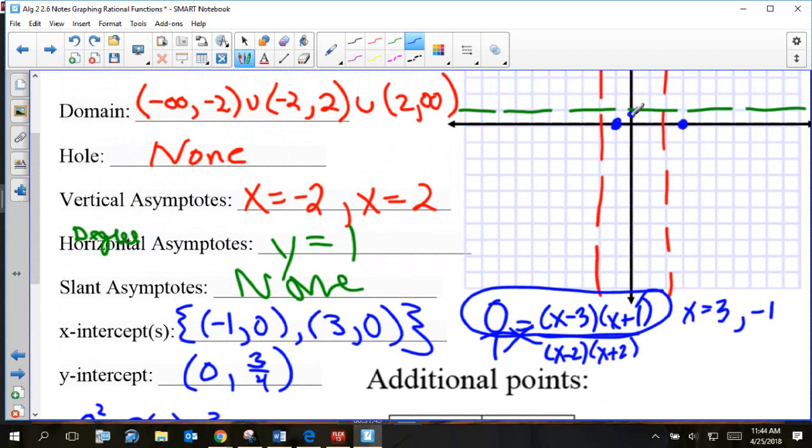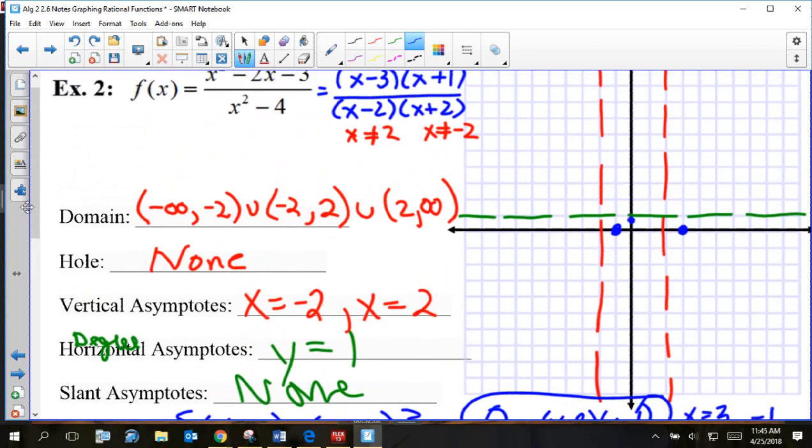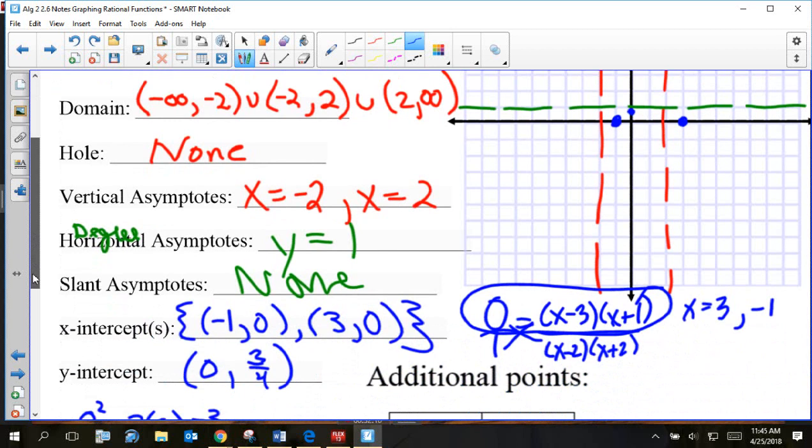So now we need to find some extra points. Quite a few extra points. So how many sections is this graph sectioned into? Three sections. So I need to find some x's to the left of -2. Pick some numbers. -4, -3.